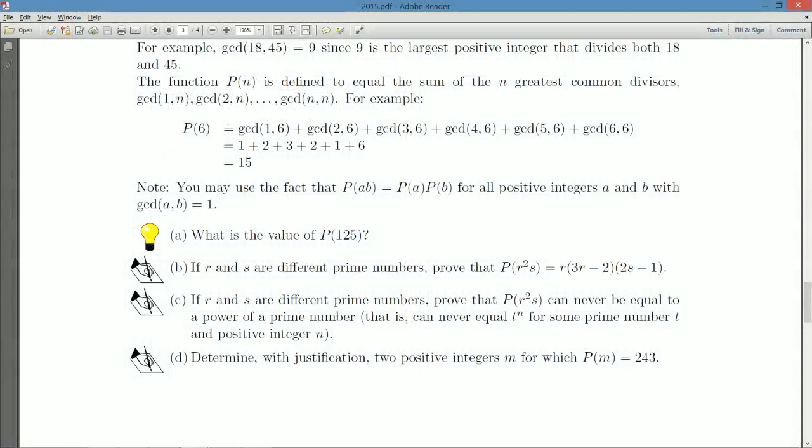So all we had to do was sort of count how many of each type of GCD we could have. And I admit it was a little sloppy the way I did it, but I feel it's justified because we have 4 different parts here. Part A is 1, maybe 2 marks. Part B is the easier one of them, so B is at most 3 marks. That's 1 mark for figuring out P of s, 1 mark for P of r squared, and I'm guessing a 3rd mark for using this product rule up here.